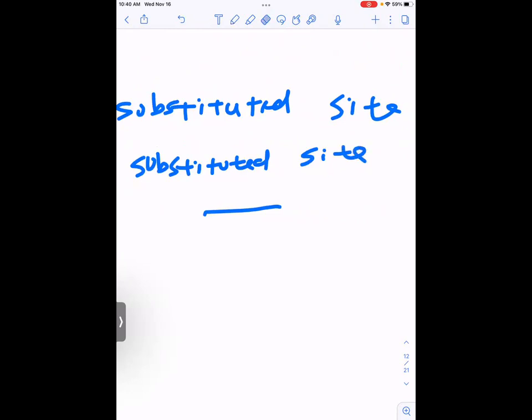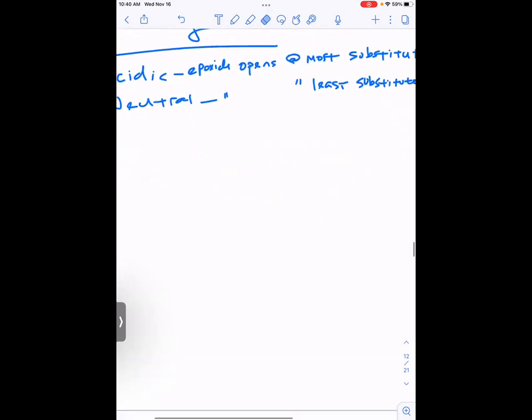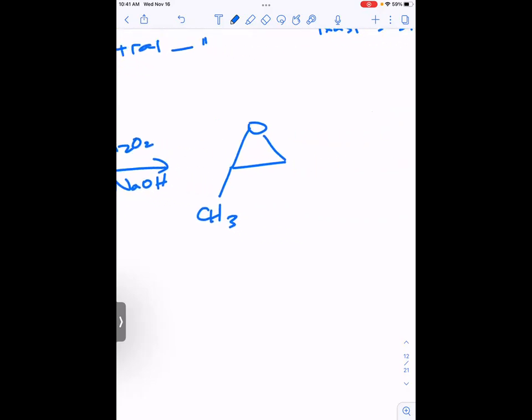All right, so let's take an epoxide, a basic one. So I'm just going to use this one that came from this reaction right here. All right.